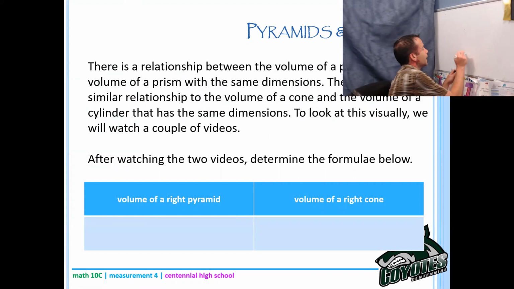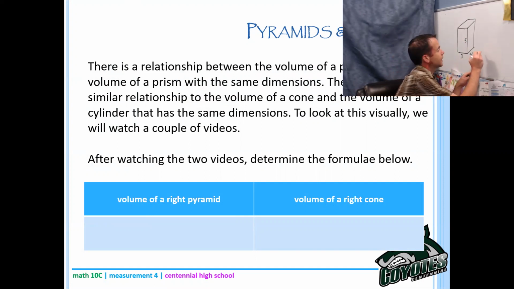Let's say I had a rectangular prism, okay? And let's say that that rectangular prism was 3 by 4 by 5, just to make things easy in our dimensions.